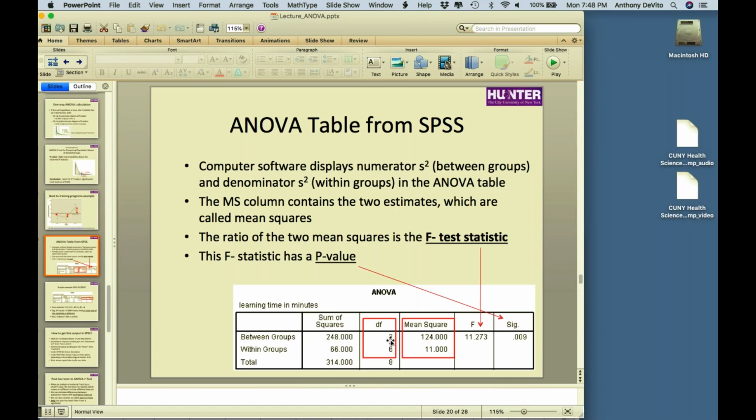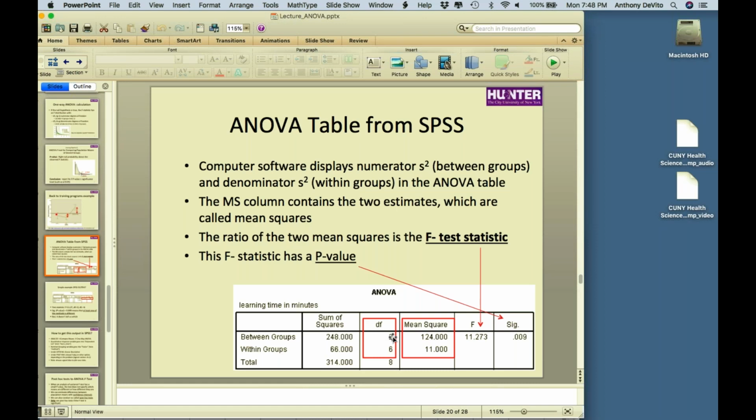Then it gives the degrees of freedom between the groups: with 3 groups, there would be 2 degrees of freedom. Within the groups, the number is 6, because there are 3 values in each group, 9 values altogether, minus 3 groups makes the degrees of freedom within the groups 6. That's n minus the number of groups.